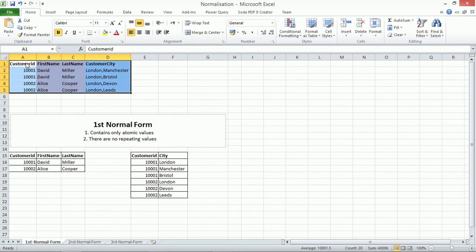If we look at this example, you can see that the customer has multiple cities. Perhaps the customer has different addresses, and those addresses are in different cities. The customer city attribute is a multi-value attribute, meaning this attribute has multiple values.